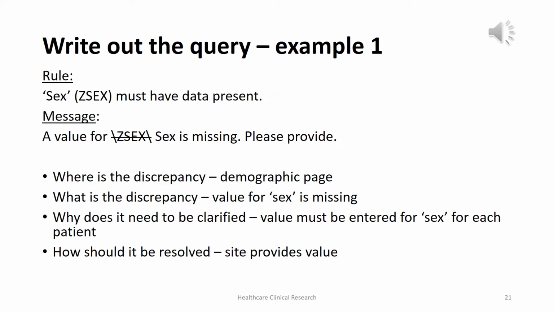It occurs on the demographic page. We want to tell them what the discrepancy is: a value for sex is missing. Then we want to tell them why it needs to be clarified: a value must be entered for sex for each patient. And then how should it be resolved? They should provide the value.